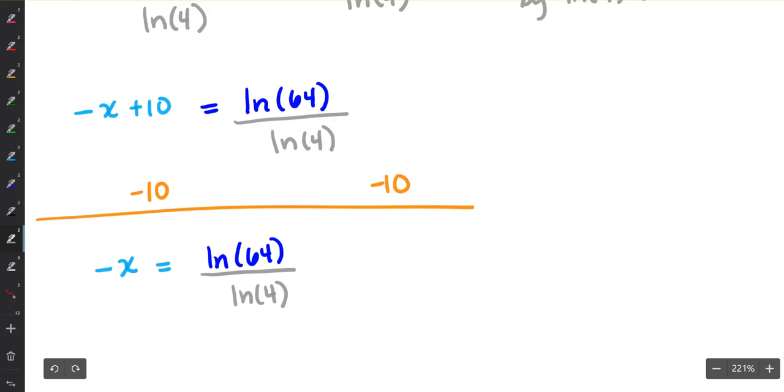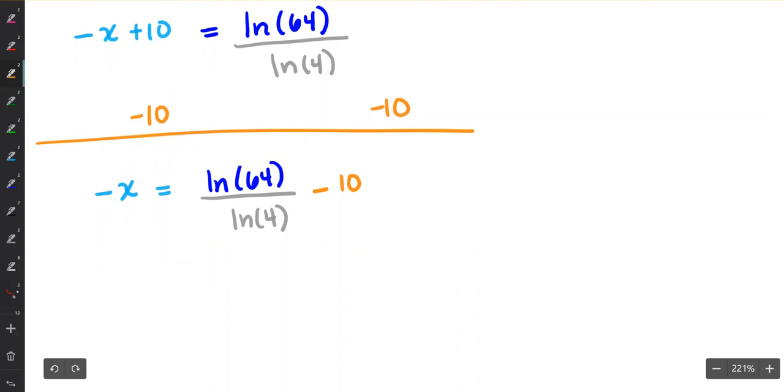That's one number divided by another number, and then all that's being subtracted from 10. How about we multiply both sides by minus 1 so that we have positive x? x is almost by itself.